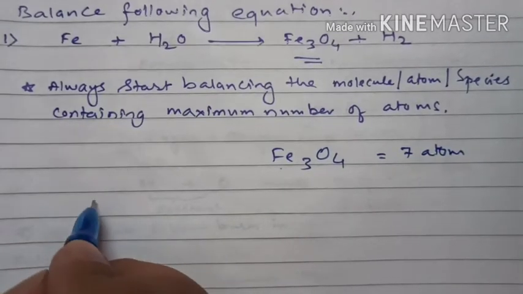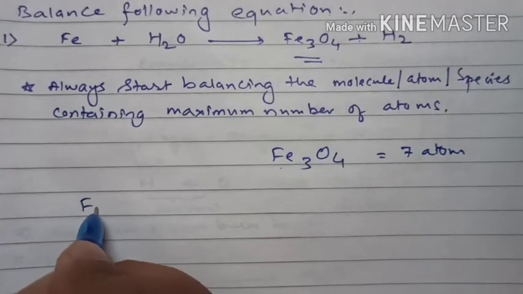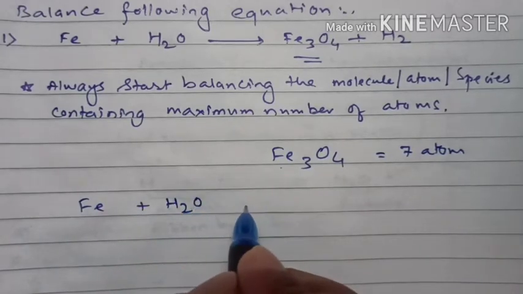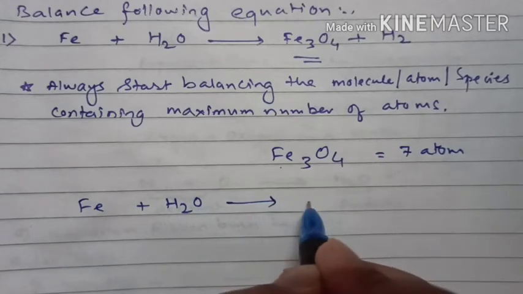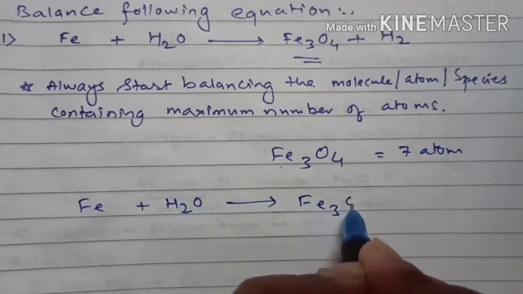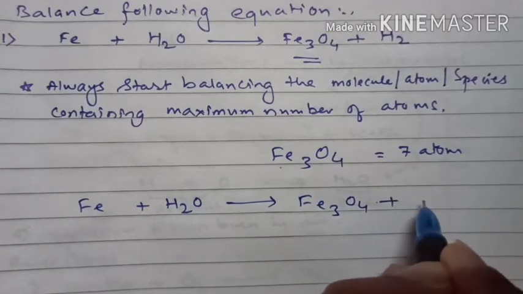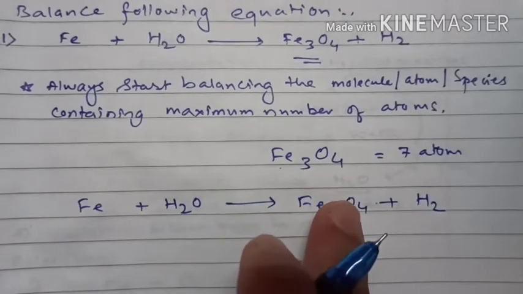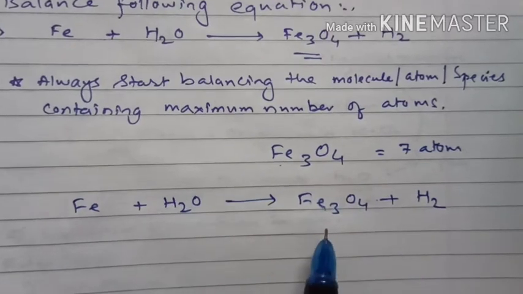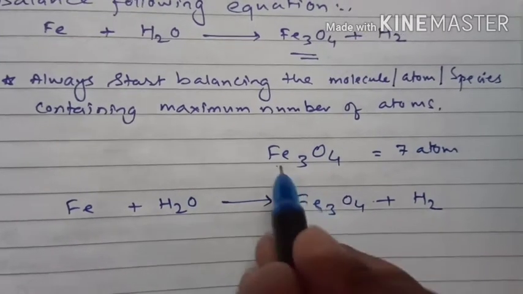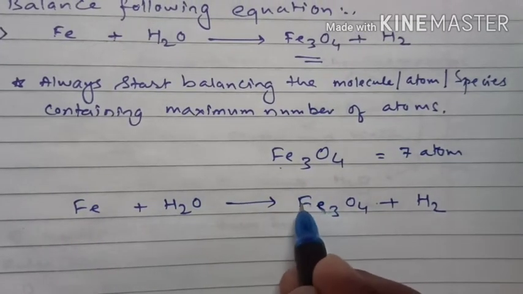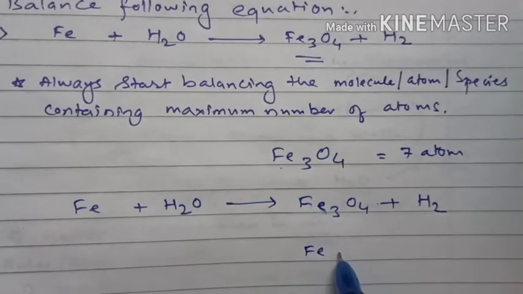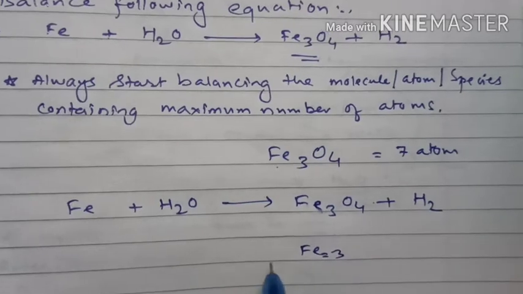How will we balance? We write the reaction here: Fe plus H2O give rise to Fe3O4 plus H2. It has the maximum number of atoms, so we will balance it. How many atoms of Fe are present here? 3.